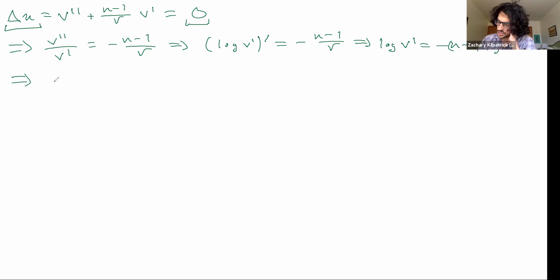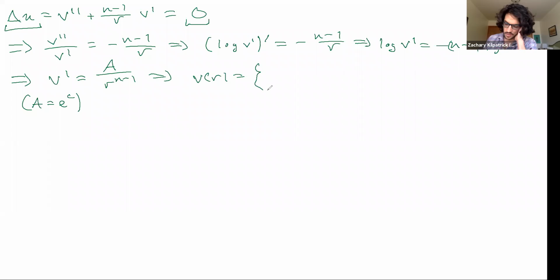If I exponentiate now, I get v prime is equal to just a, some constant over r to the n minus 1, right? Where I've just taken a is equal to e to the c. And I get v of r is equal to, now there's a couple different cases. And remember, n is an integer here.